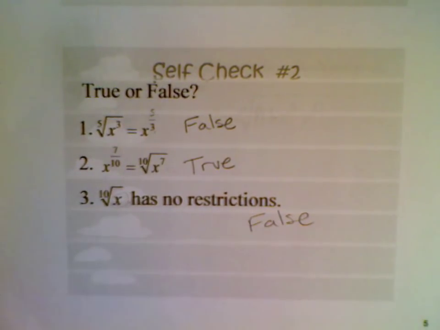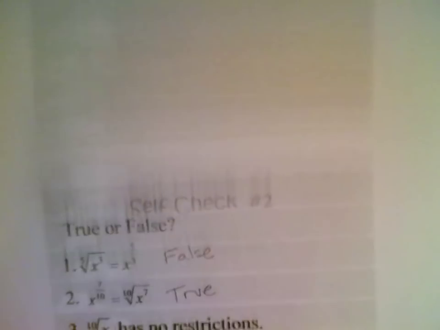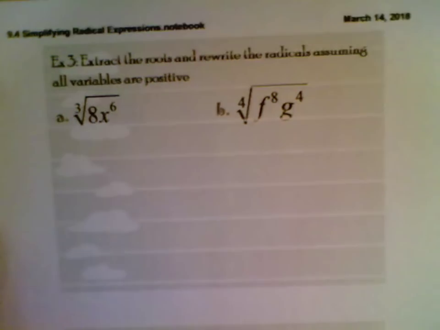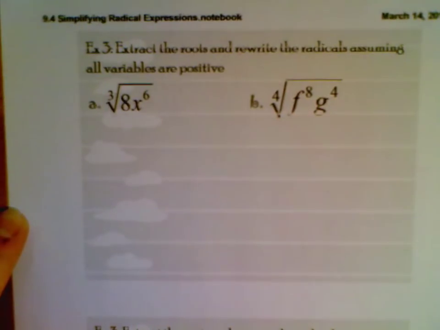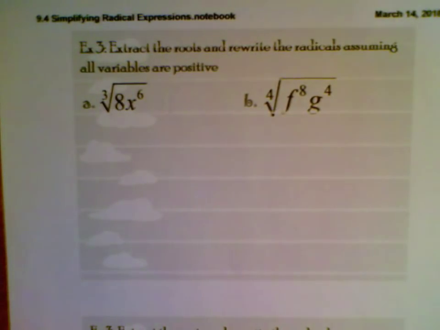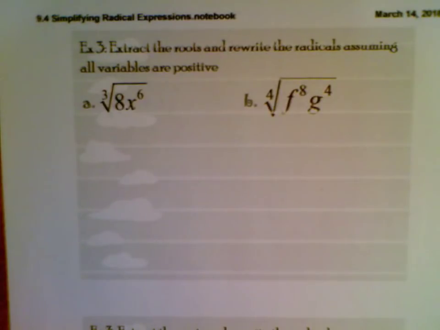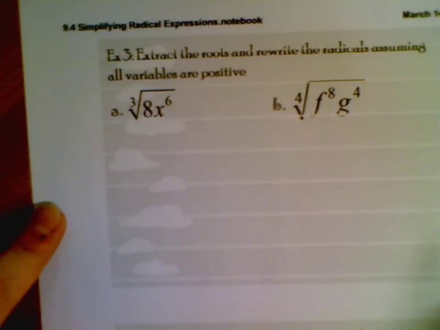Okay, so now we are going to start simplifying. When we simplify, we are extracting roots, and then we're going to rewrite the variables. When we simplified square roots, we were looking for perfect squares. So when we're looking for cube roots or fourth roots, we are looking for perfect cubes, if you will. So let's put a little list of our perfect cubes down the side here.